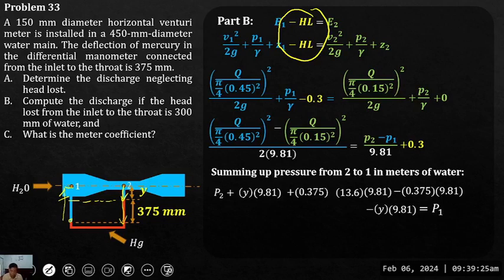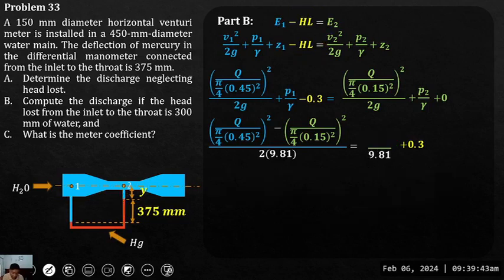So, what is P2 minus P1 po? So, magka-cancel pa rin si y tsaka ito. So, yan pa rin yung sagot. Same lang pressure lang din yan kanina. So, palitan mo lang din dyan ng negative 46.352 will get a value of your Q for part B.